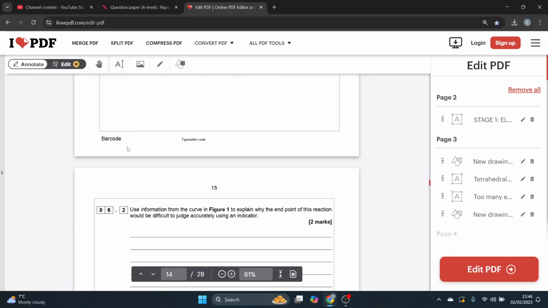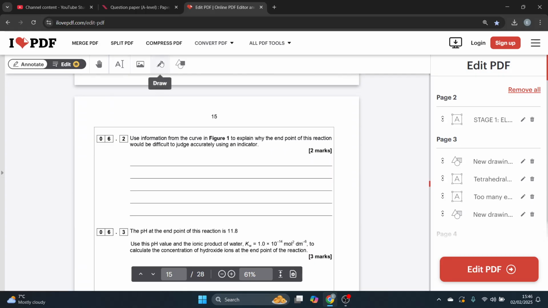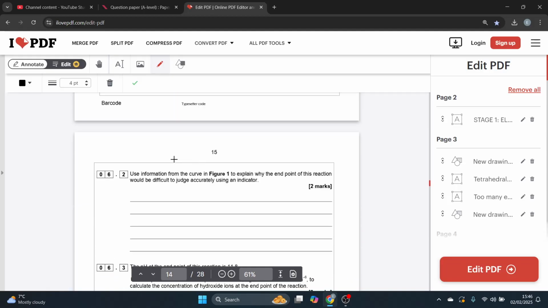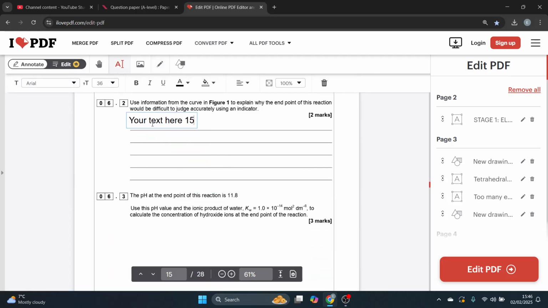Then it says, using information, explain why the endpoints of the titrations were difficult to judge using an indicator. So the endpoints like here, very gradual. The change in pH is too gradual, not rapid at the endpoint.